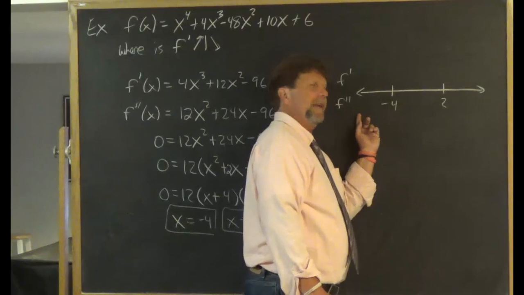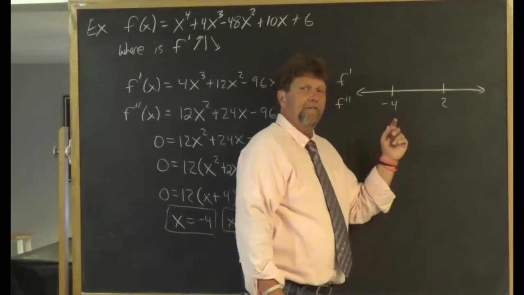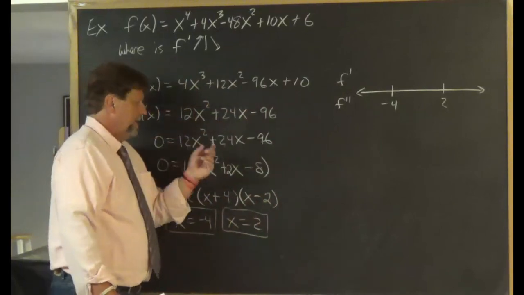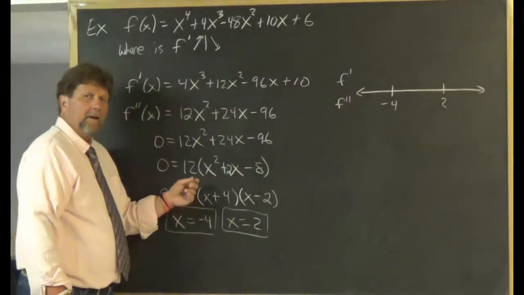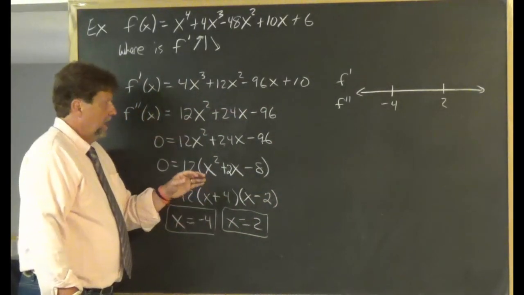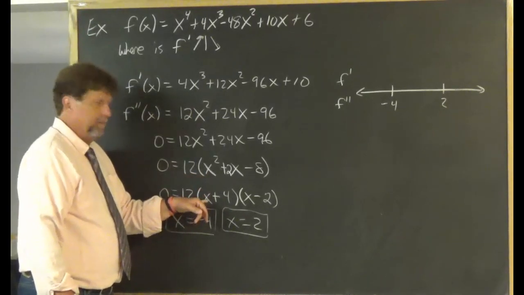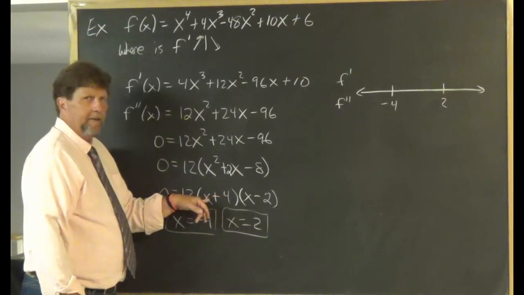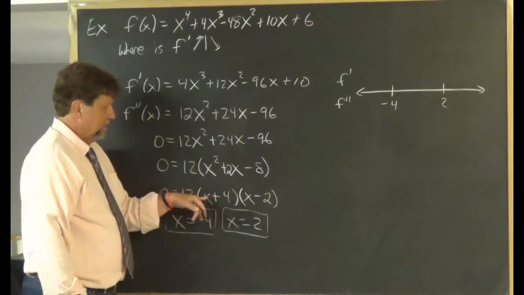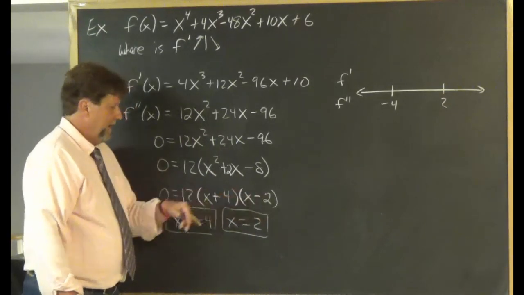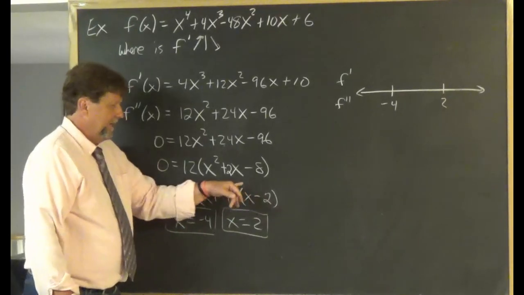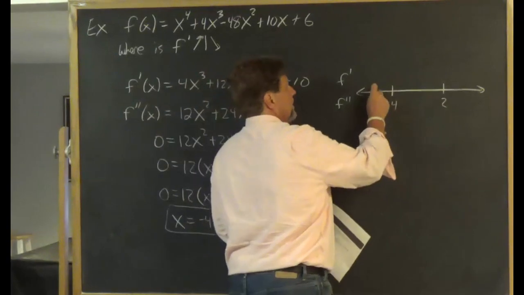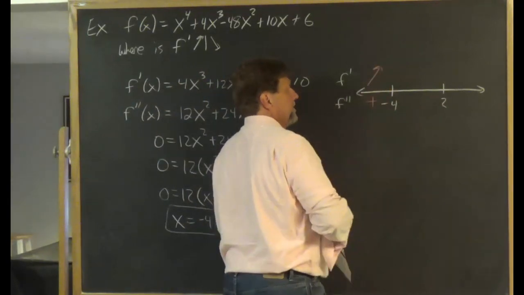So pick a number in the interval negative infinity to negative 4. I would pick negative 5. Toss it into the second derivative to see what comes out, a positive or a negative. So I look at the factored form like I did in section 5.1. Negative 5 comes in for x. This factor is negative, this factor is negative. So positive times negative times negative is positive, derivative increasing.